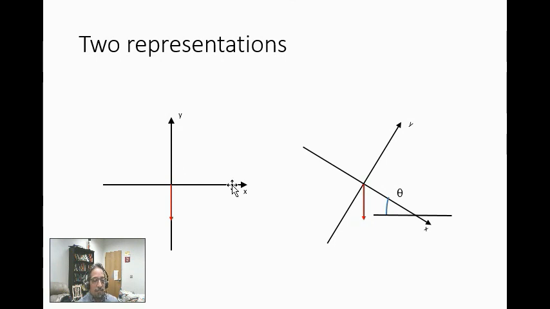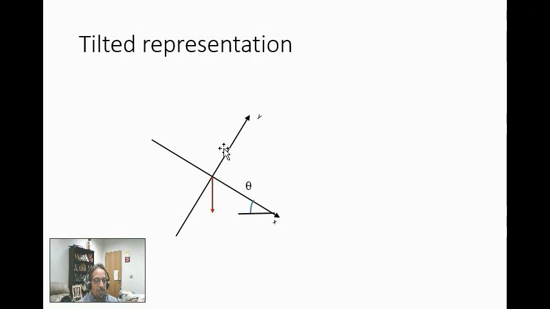So we just saw that we can have two representations for the same vector. One is easy and one is hard, but doing it in this vector maybe saves us time because we then don't have to do many other things. So this is the tilted representation of my vector.